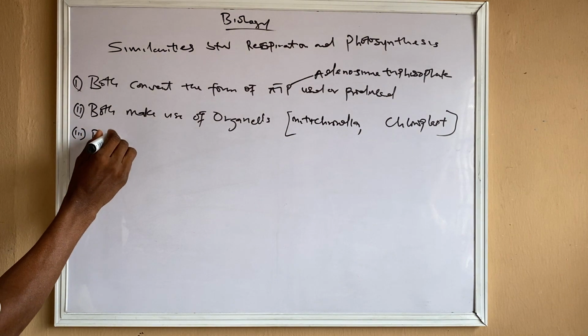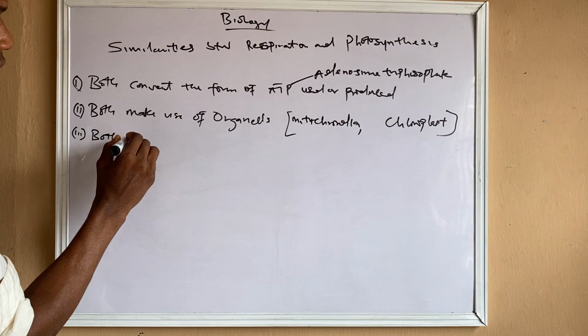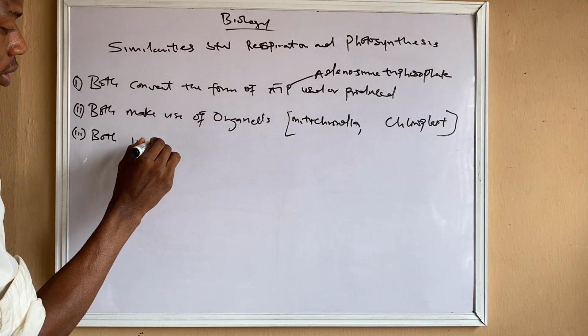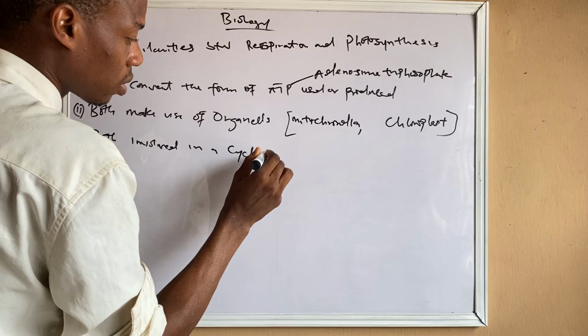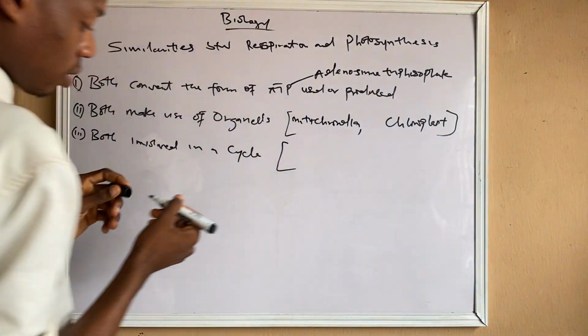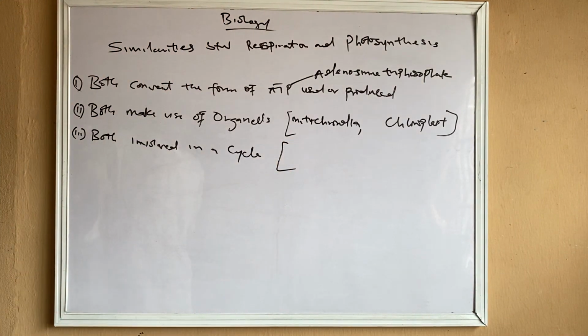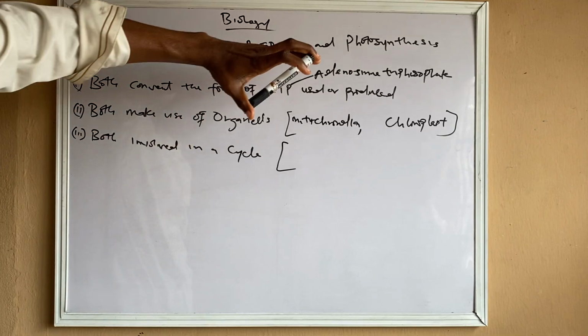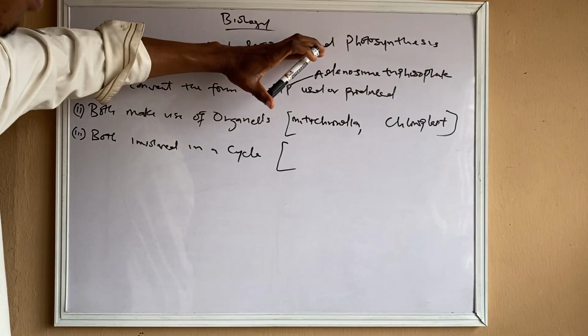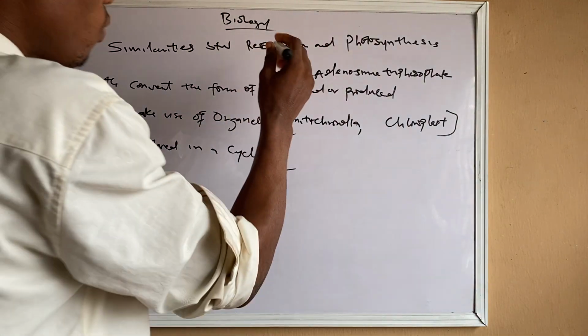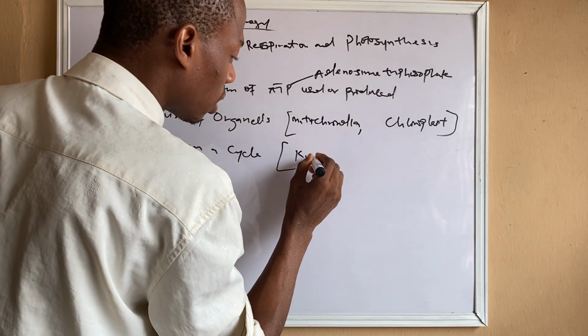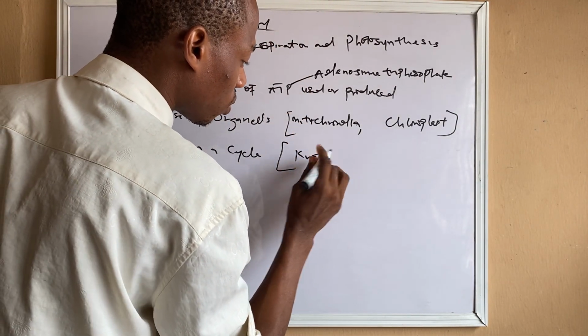3. Both are involved in a cycle. Though I have not discussed respiration, I have discussed the cycle of photosynthesis. The cycle of respiration is called the Krebs cycle.